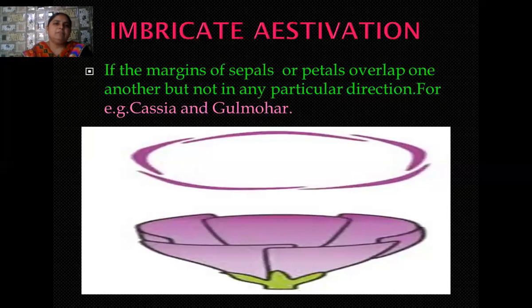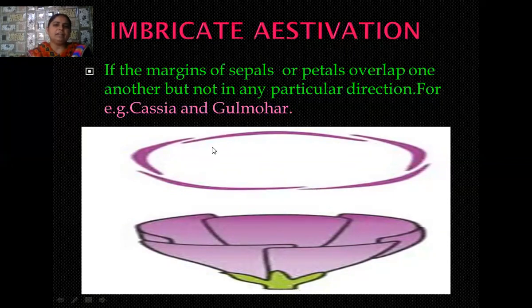Okay. One is left, that is imbricate estivation. Here the margins of the sepals or petals overlap one another, but not in a particular direction. See the floral appendages. There are 5 petals present here, or you can say sepals. Out of these, 3 of the petals overlap one another. But one of the petals, the 4th one, has one edge outside and one edge inside.